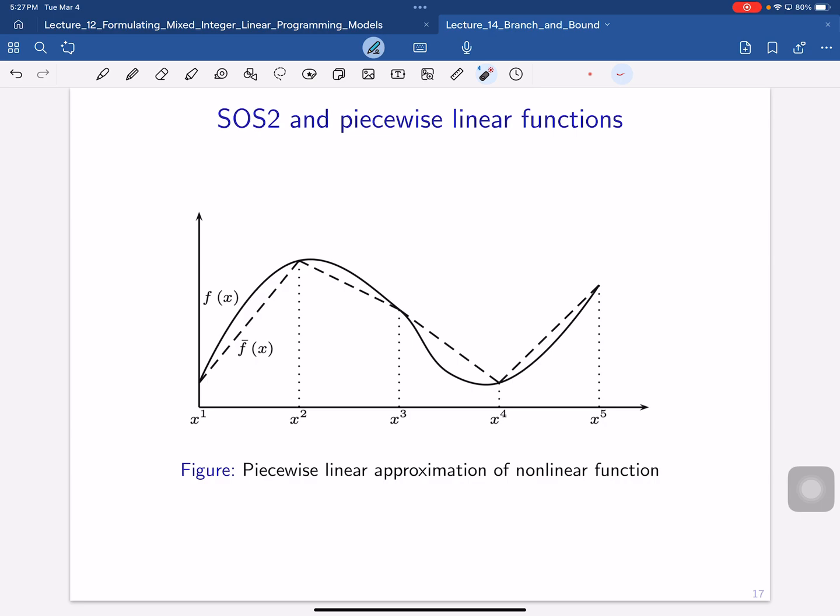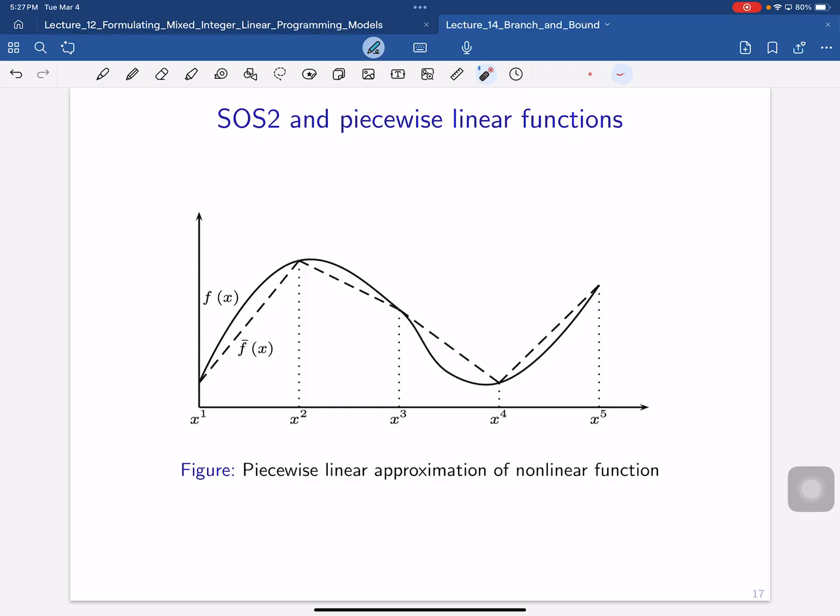Another question is, how do we represent these piecewise linear functions? Let's think about it for a second. Of course, you need to use some binary variables. The binary variable is basically specifying which of these line segments my x value is in.